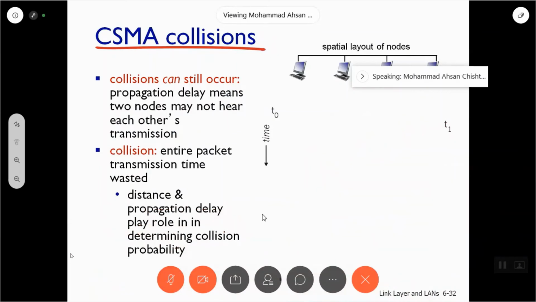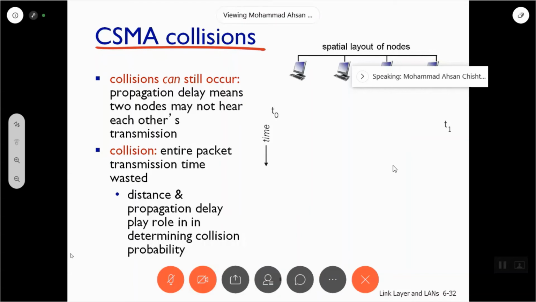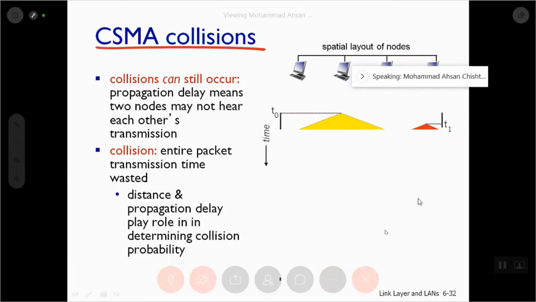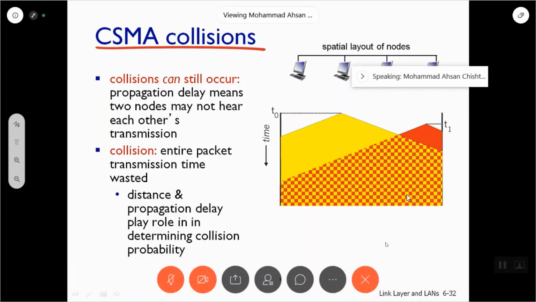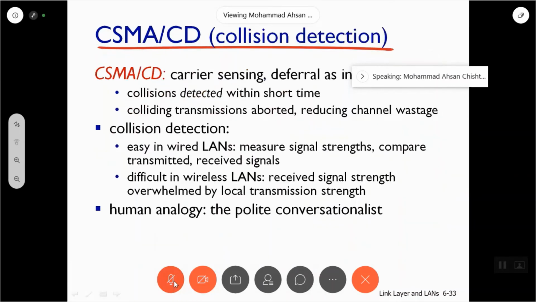So here, collision can still occur because of propagation delay, which means two nodes may not hear each other's transmission. Entire packet transmission time is wasted. Distance and propagation delay determine collision probability. It's depicted here, with respect to time, when this sends, this also sends, what are the chances that we can have a collision?